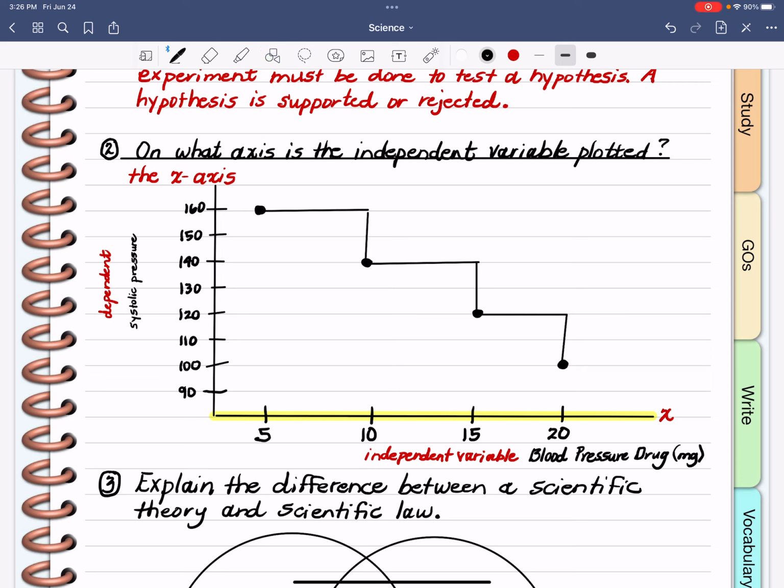What this is telling me is that when I increase the dosage by 5 milligrams, systolic pressure does what? Is it increasing or decreasing? It's falling.